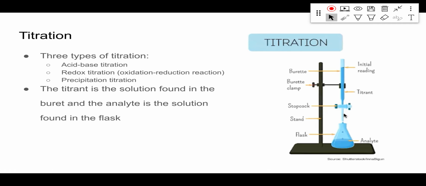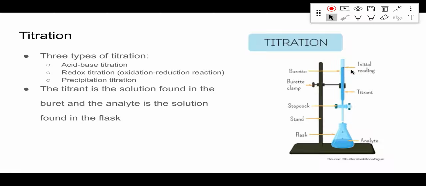The burette itself measures the volume. There's almost always a question on the AP exam of how to read a burette, and so that's something that you should be practicing in your AP classroom, either through lab experiences or by looking at pictures of a burette. So be sure that you're comfortable with reading the volume on a burette.